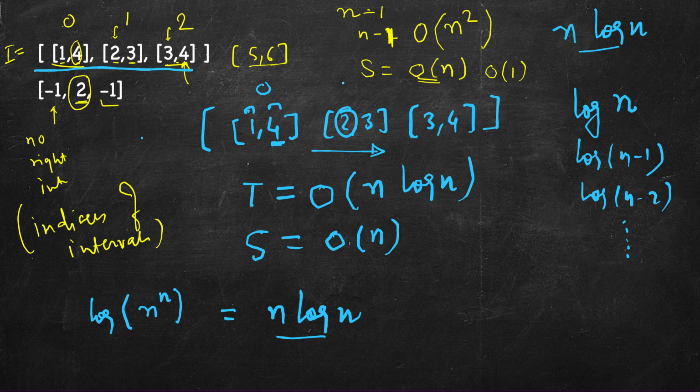So this was at index 0, 1, 2. Maybe after sorting, this comes first. So we lose track of the original indices. So what we do, we create one interval. So we have one interval, let's say AB, followed by its index. This was originally at index I, and a list of, so interval now is increased.